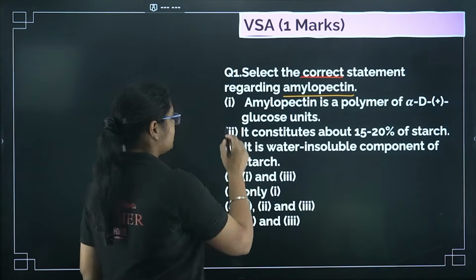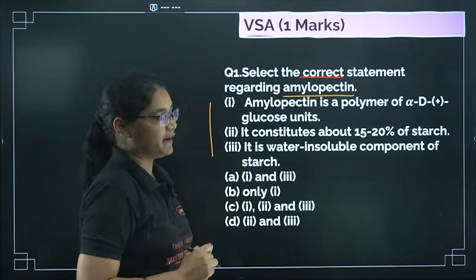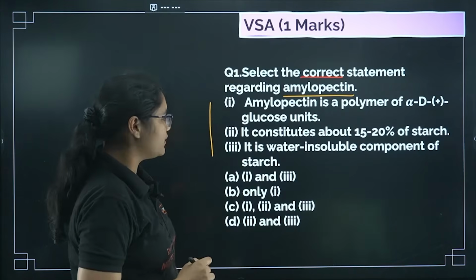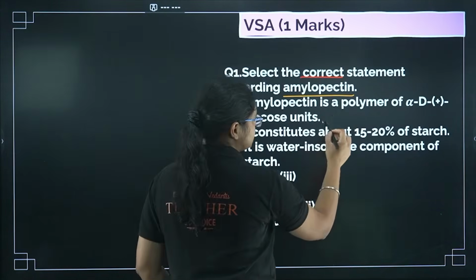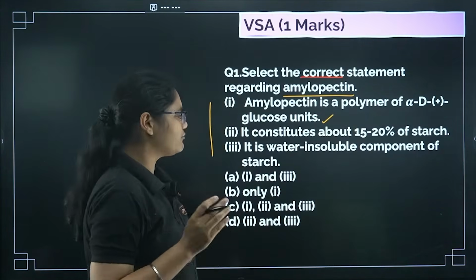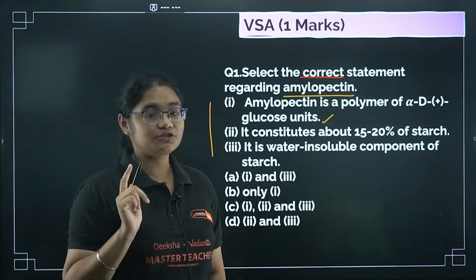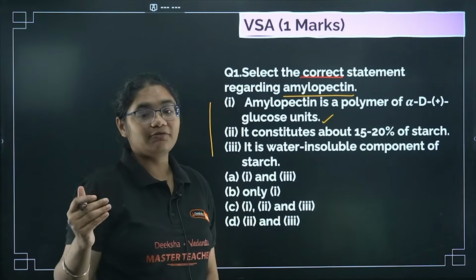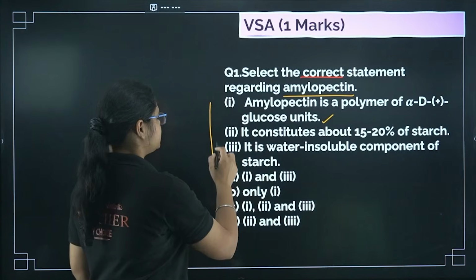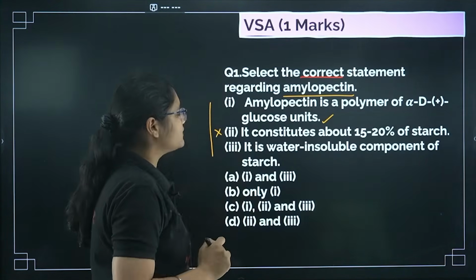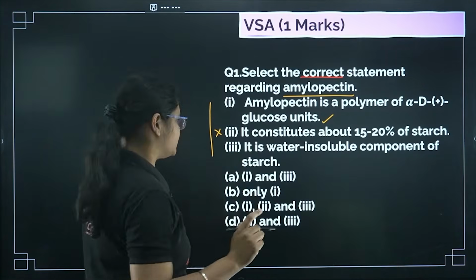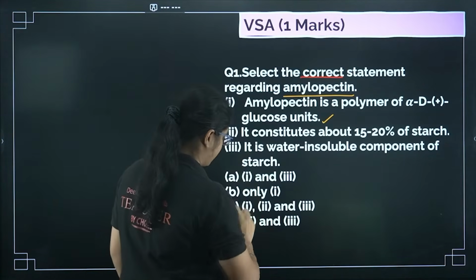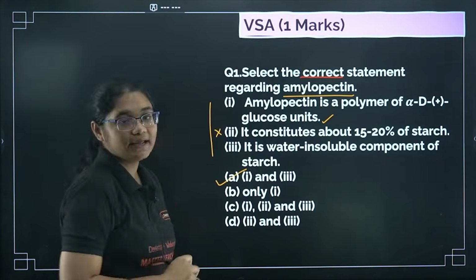Amylopectin is a polymer of alpha D glucose units. Yes, that is correct. It constitutes 15 to 20% of the starch. No, amylopectin consists of almost 80 to 85%, so this statement is incorrect. It is a water insoluble component. Yes, so we have 1 and 3 as the correct statements, which is option A here.